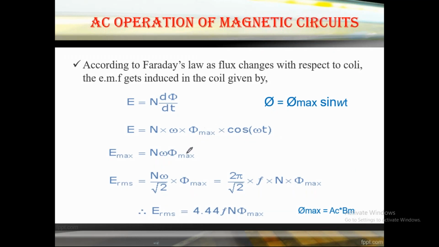Now what is the RMS value? RMS value is equal to maximum value divided by √2. What is the abbreviation of RMS?